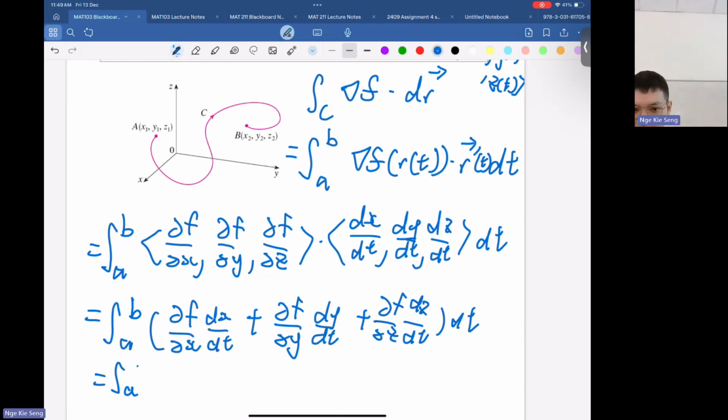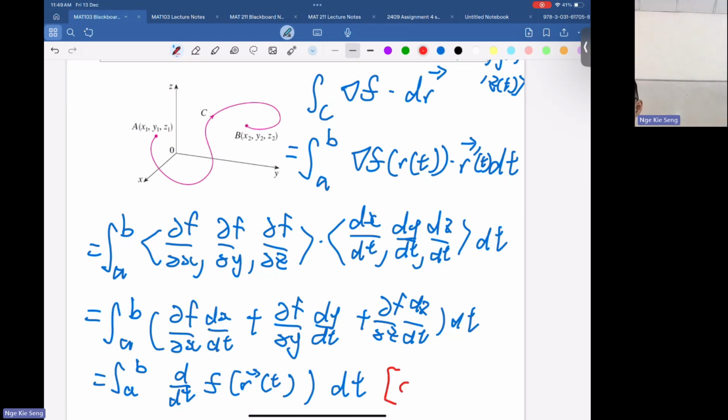Actually, this is really the derivative of f when applied to r(t) with respect to t. What I use here is the chain rule. Seeing the chain rule, because there are 3 directions, each direction is with respect to t. Remember? So you are integrating over a derivative.